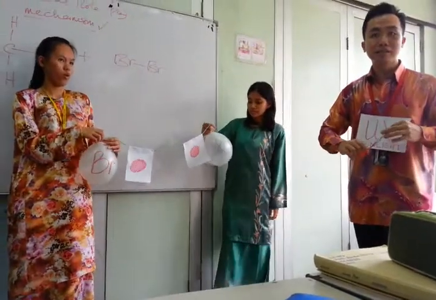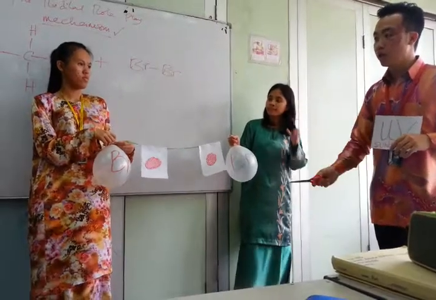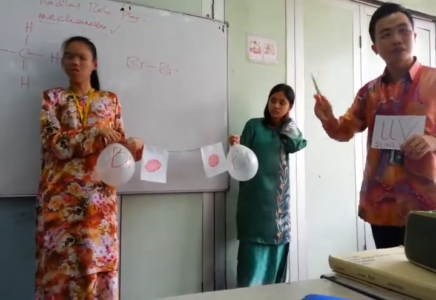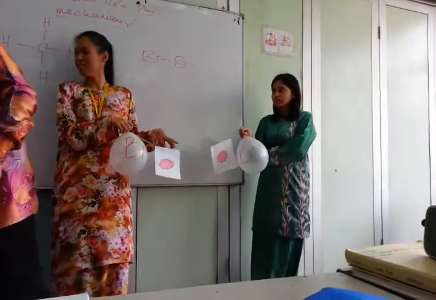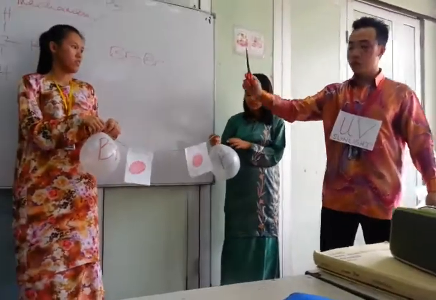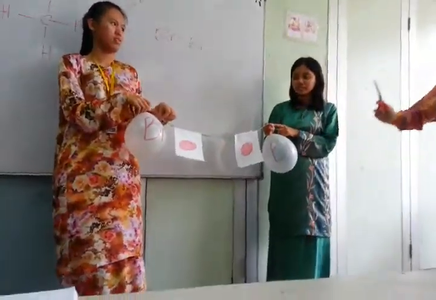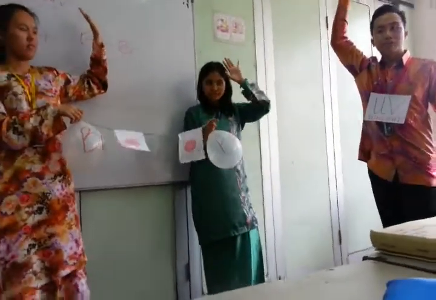Do you understand? Okay, so now the question is, which one will be initiated first? Do you think the bond between carbon and hydrogen, or the bond between Br and Br? How many people say it's going to be between Br and Br? Okay, good.